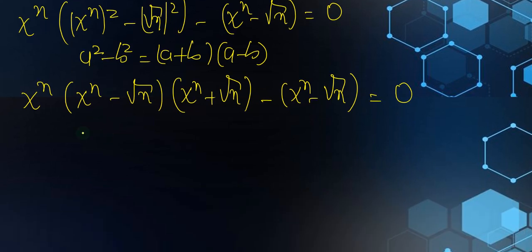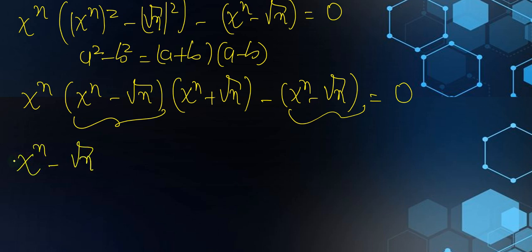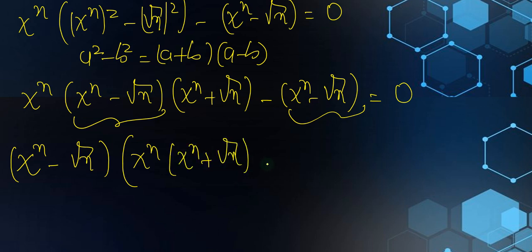Now we got something really interesting, which is this term here. We can factor out x to the n minus square root of n, and this will multiply x to the n, which multiplies x to the n plus square root of n, and here we're going to have minus 1, and this is 0.